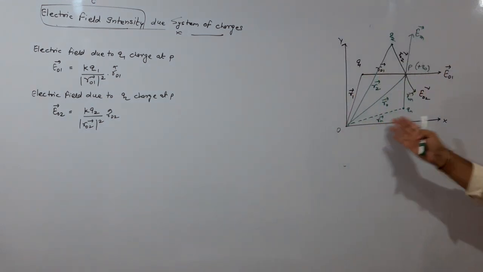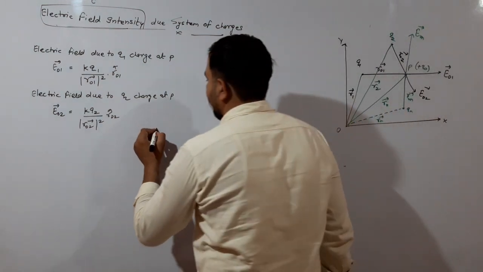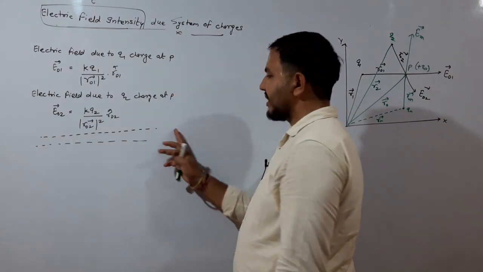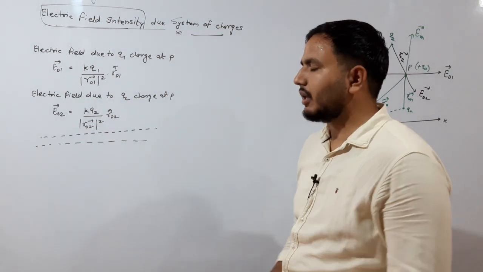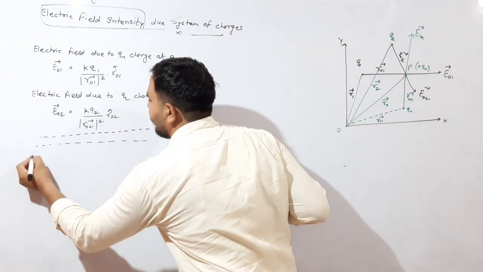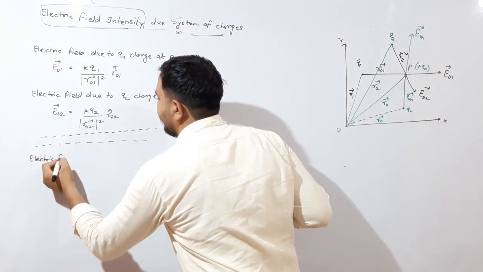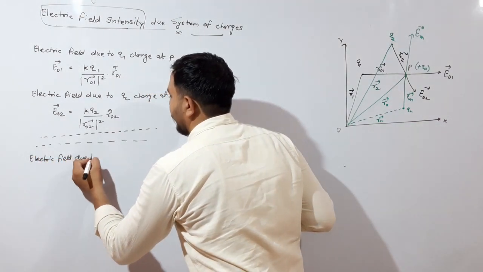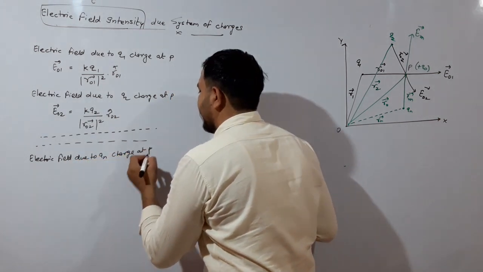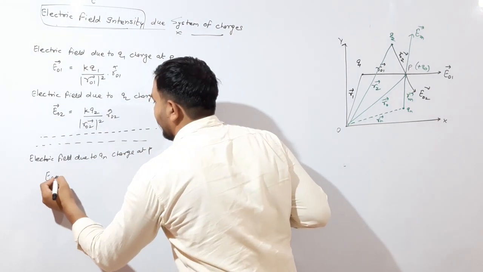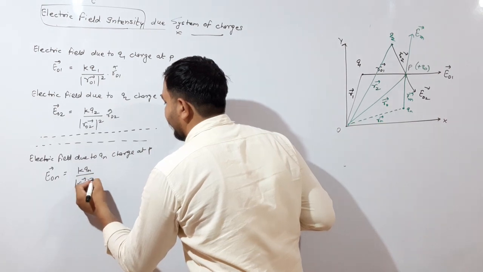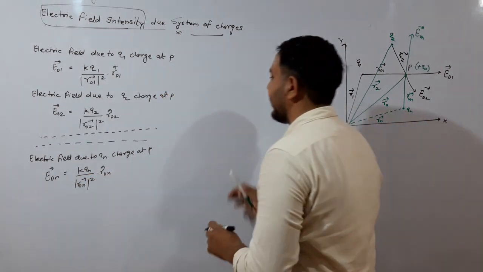We have n charges, so we can use this up to the n charges. So the electric field due to Qn charge at P: E naught n vector is KQn upon r naught n square, cap of r naught n. Clear?